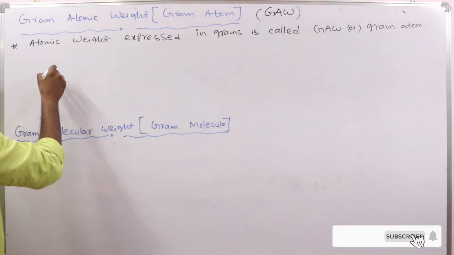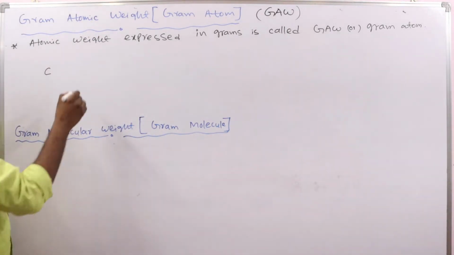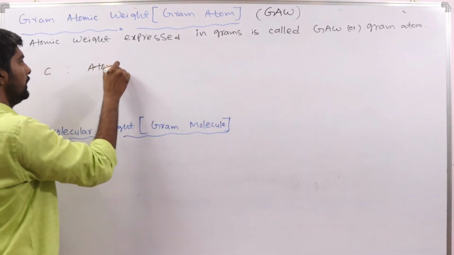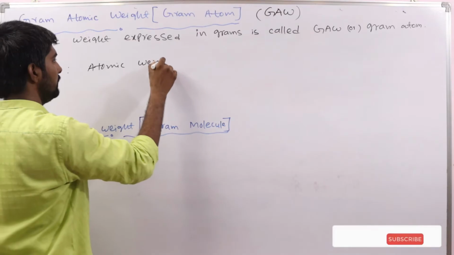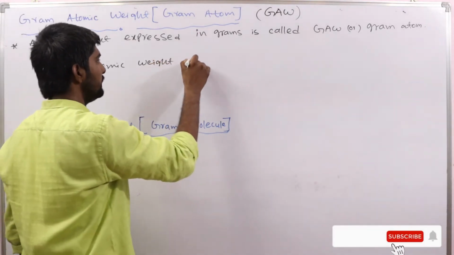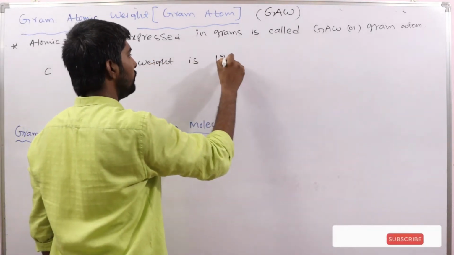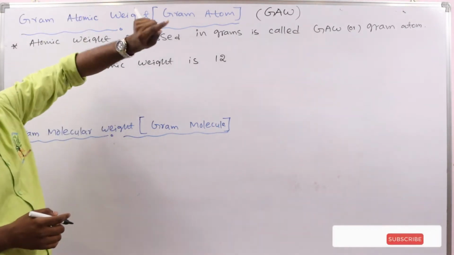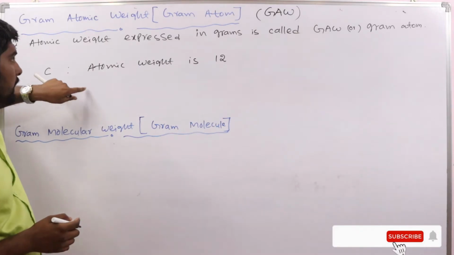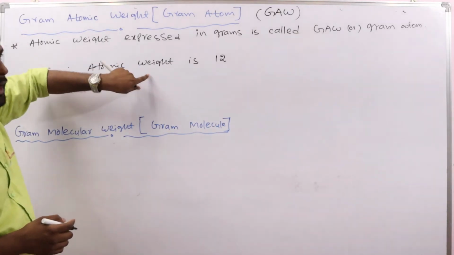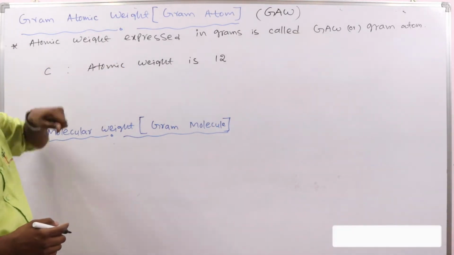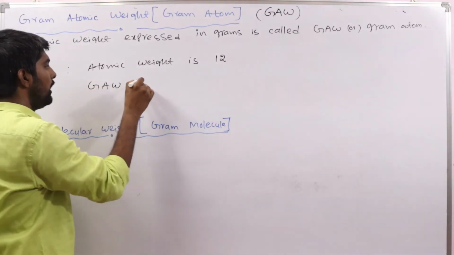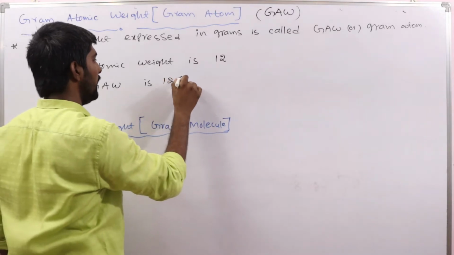For example, if you have carbon, the atomic weight of carbon is 12 units. Remember that atomic weight is a relative value, and that's why it does not have any units. But gram atomic weight of carbon is 12 grams.